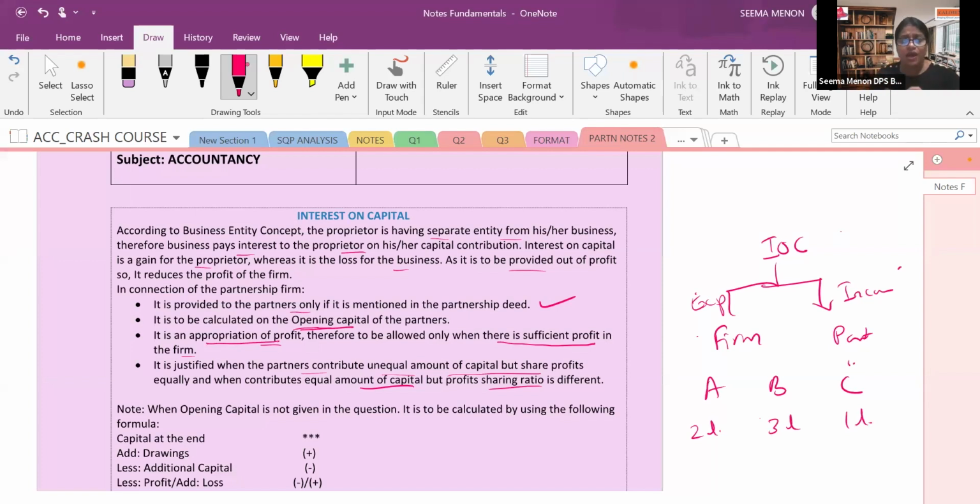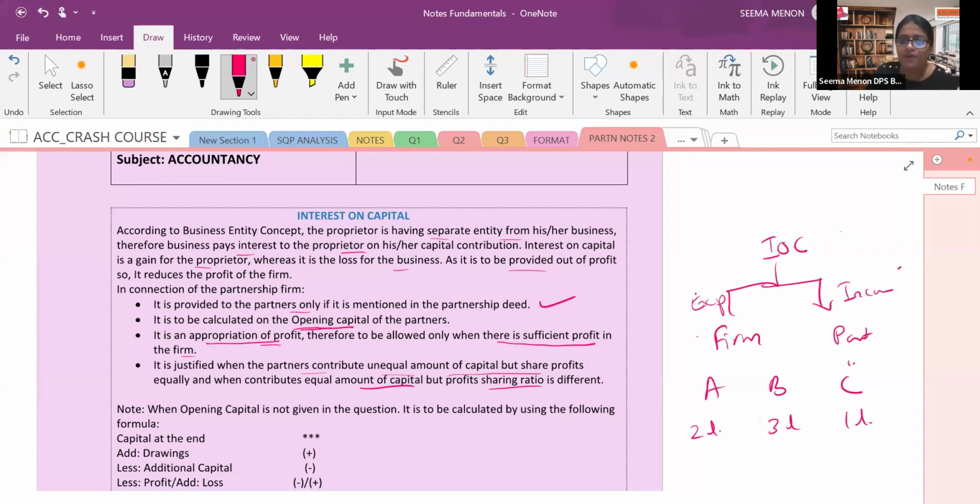So there is an unequal amount of capital. That time also it should be justified. You keep a particular percentage: 6%. A will get 6% on 2 lakh, B will get 6% on 3 lakh, and C will get 6% on 1 lakh. So there is a justification.